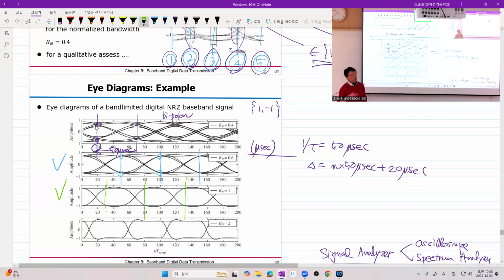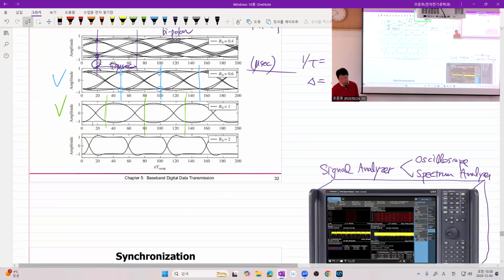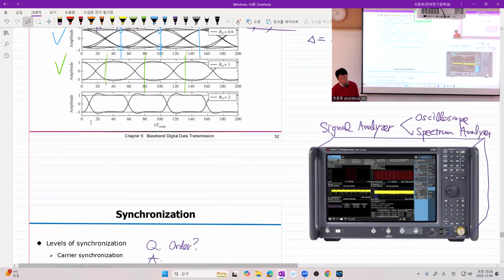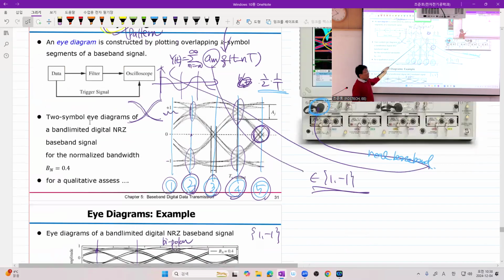Okay? It depends on your optimality criteria. Anyway, you can use this eye diagram to find whether your signal is good or not. If your eye diagram looks like this, there is a lot of room to improve your pulse shapes, or reduce some non-ideality in some filters, something like that. Got it?